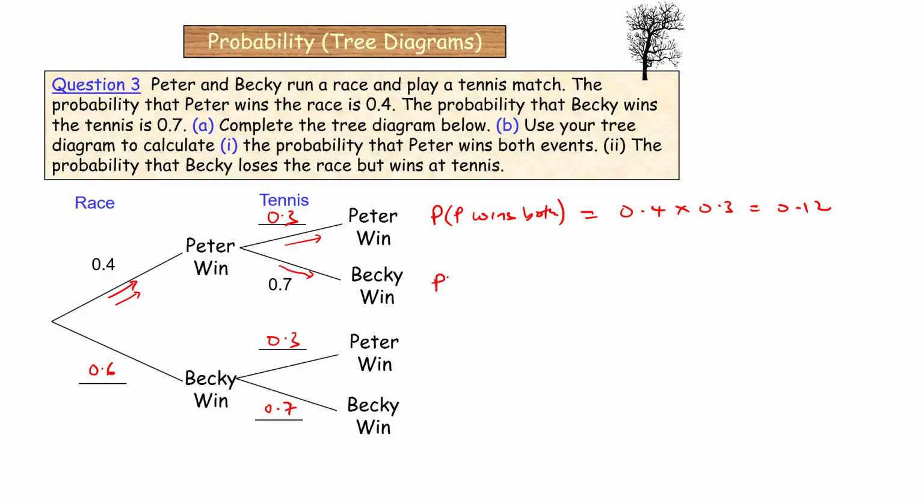So probability of Becky loses race and then wins tennis is given by 0.4 times 0.7, which is going to be 0.28. Okay. Hit pause, make any corrections, and we'll move on to dependent events then.